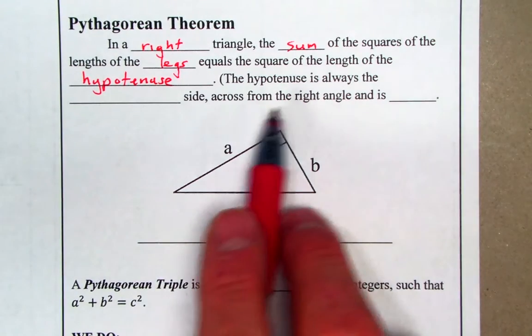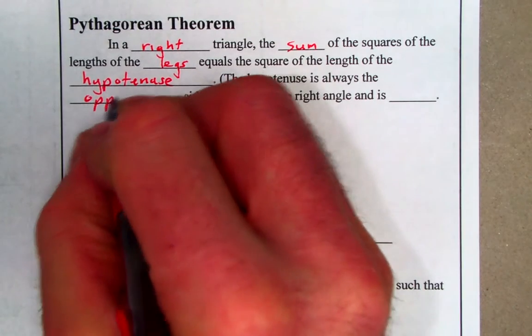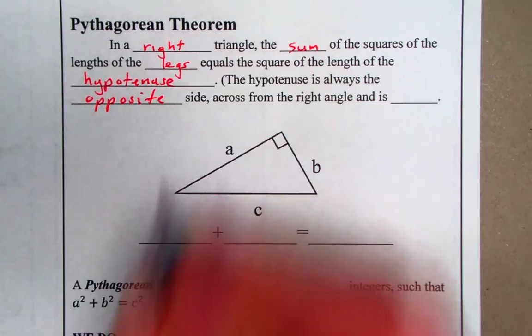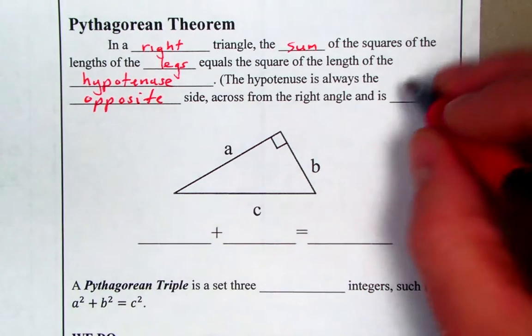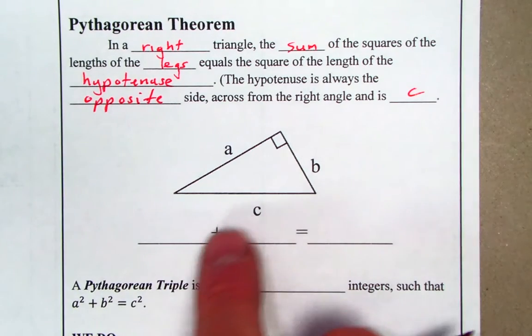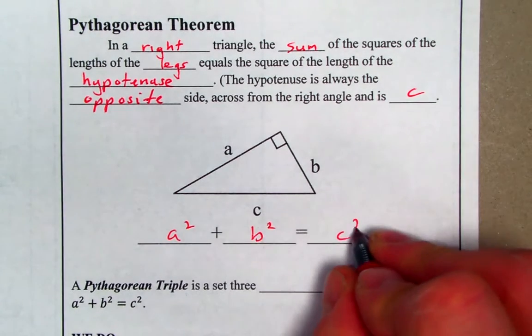And the hypotenuse is always the side that's opposite the right angle. And we usually label that side as C. So the Pythagorean theorem says A squared plus B squared is equal to C squared.